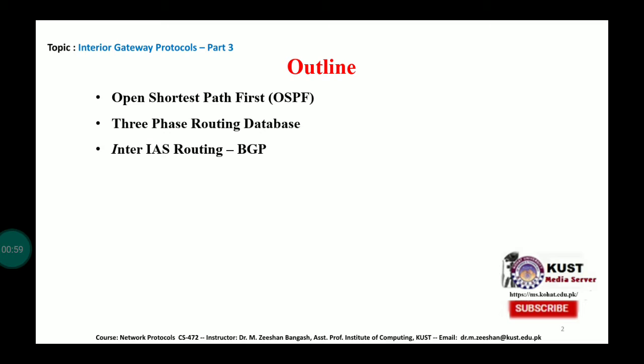We will also be talking about Border Gateway Protocol, which is an inter-autonomous system routing protocol, and we will discuss a general overview of the architecture of a router, particularly the different parts of the router. Then we will talk about IP version 6, and at the end we will summarize the detailed discussion we did in the three phases about the interior gateway protocols.